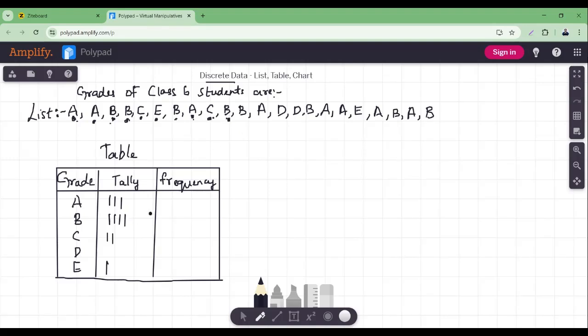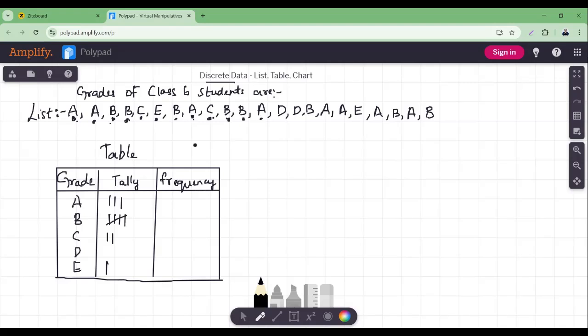B, B, B. Now see, for B, four is over, so I put the fifth line across. I do that so that when I'm counting later, I know this full group is 5. I just don't have to count the lines one by one. So after four lines, the fifth line goes across, which means this together is fully 5.